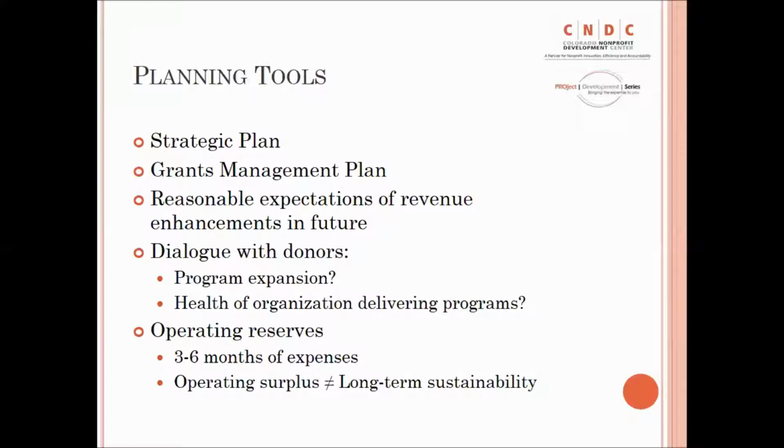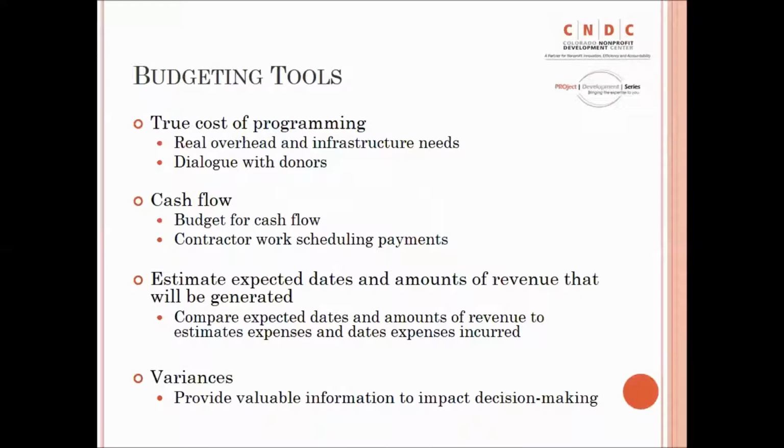Okay. So keeping in mind that it's not 2 different buckets that you're looking at, planning and budgeting. Obviously, there's some overlap. But then when you think about creating your organizational budget, the first thing you really need to think of is what is your true cost of programming?